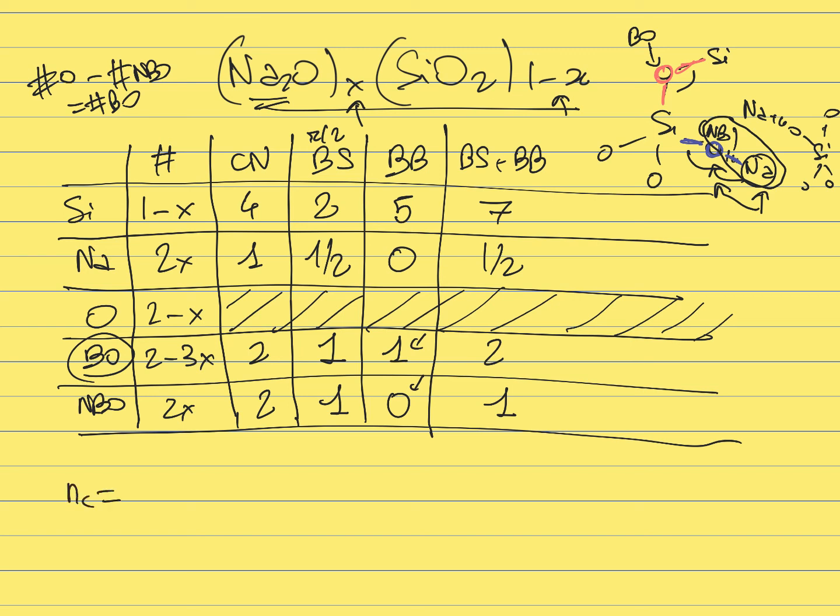So now, summary, number of constraints per atom. You have 7 per silicon, times 1 minus x silicon, plus 1/2 per sodium times 2x sodium.